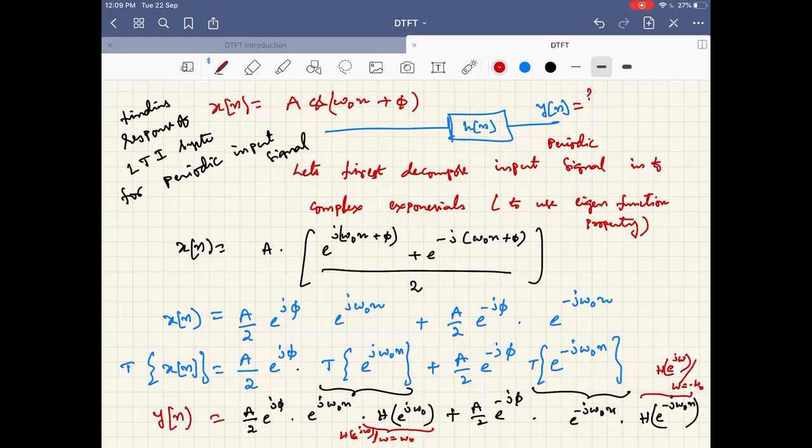However, can we do further simplification? Is there a possibility for doing a little more simplification? If we know that H of e power j omega is symmetric, then the magnitude is the same at omega naught and minus omega naught, and the phase is antisymmetric, that is just opposite.